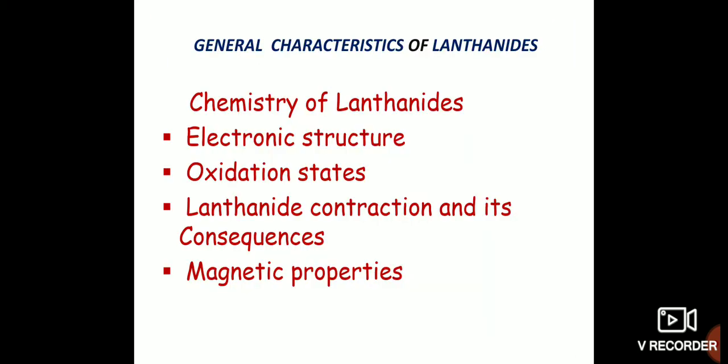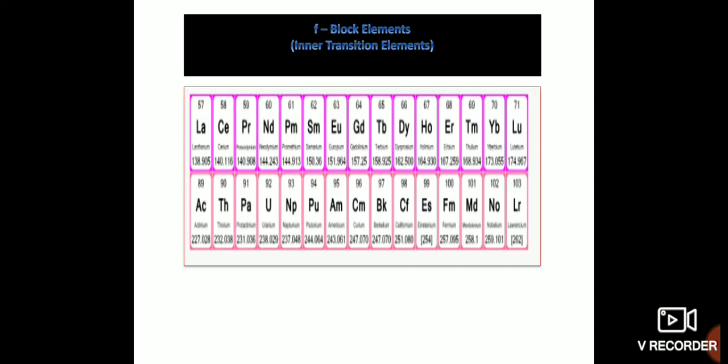Coming to the general characteristics of lanthanides, we have chemistry of lanthanides, electronic structure or configuration, oxidation states, lanthanide contraction and its consequences, which is related to atomic radii, and the last one is magnetic properties. In the next slide we can study the chemistry of lanthanides.